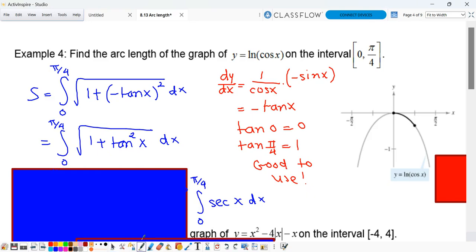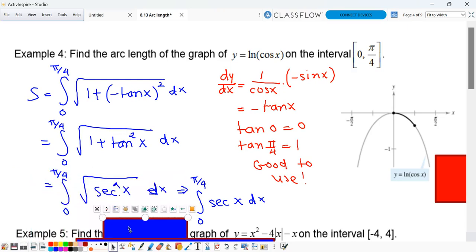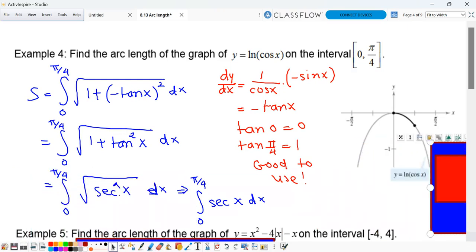Now this original question was setup only, multiple choice, and this was not the answer, which means you are supposed to know the Pythagorean identity: 1 plus tangent squared is secant squared. And the square root of secant squared becomes secant x.